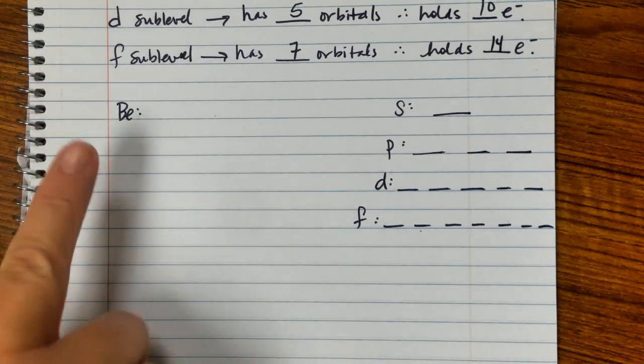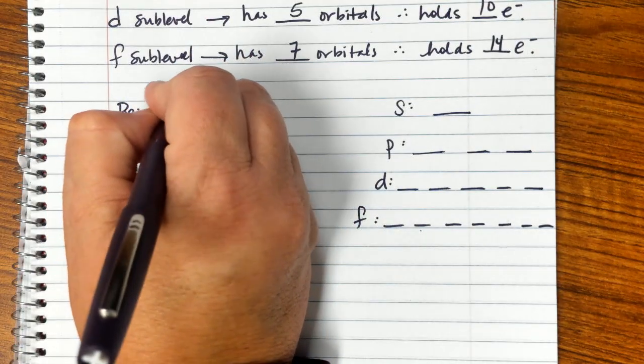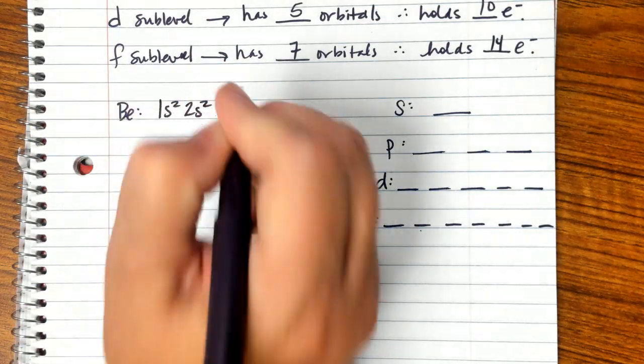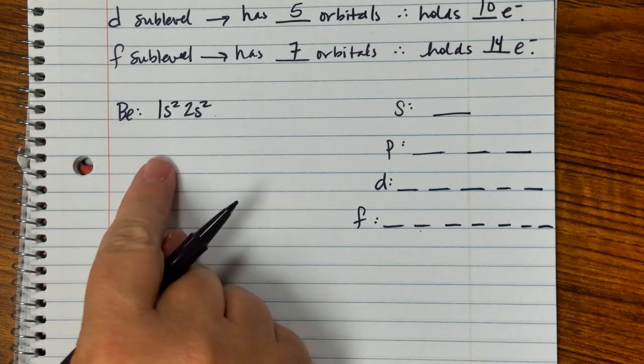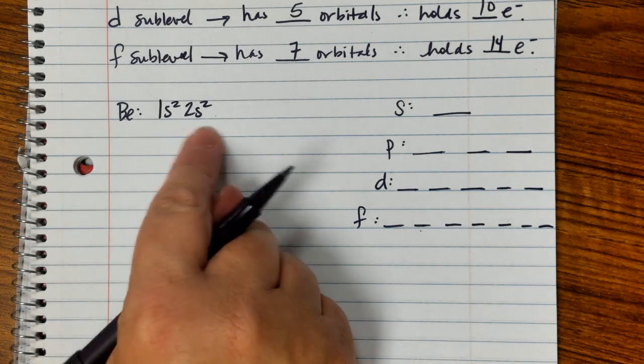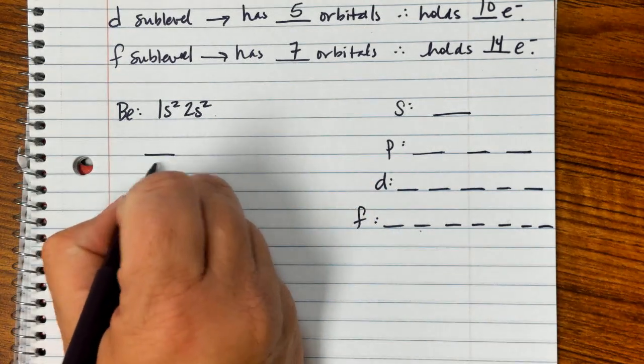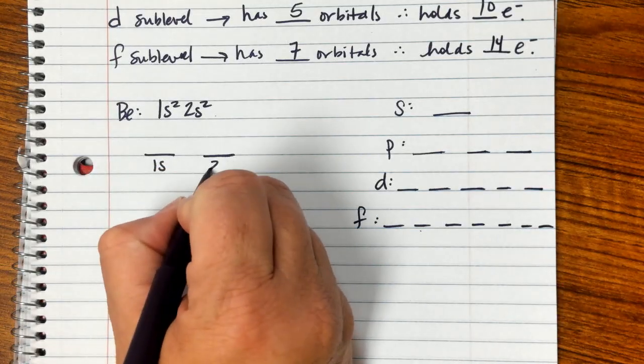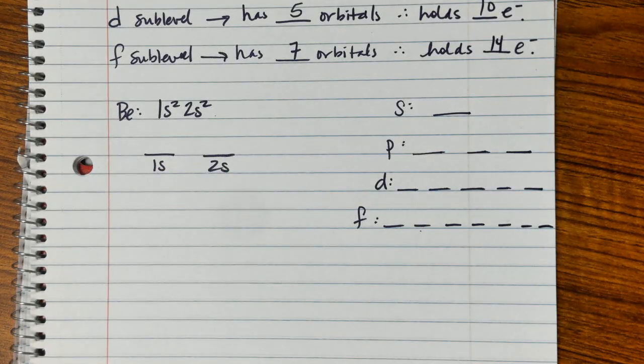What is my electron configuration for this? Y'all are brilliant. Okay? So I have 2 S sublevels, so I have to have 2 lines, one for 1s, one for 2s. Now, what is the rule about how you fill up, the order you fill them up in? What's the rule called?